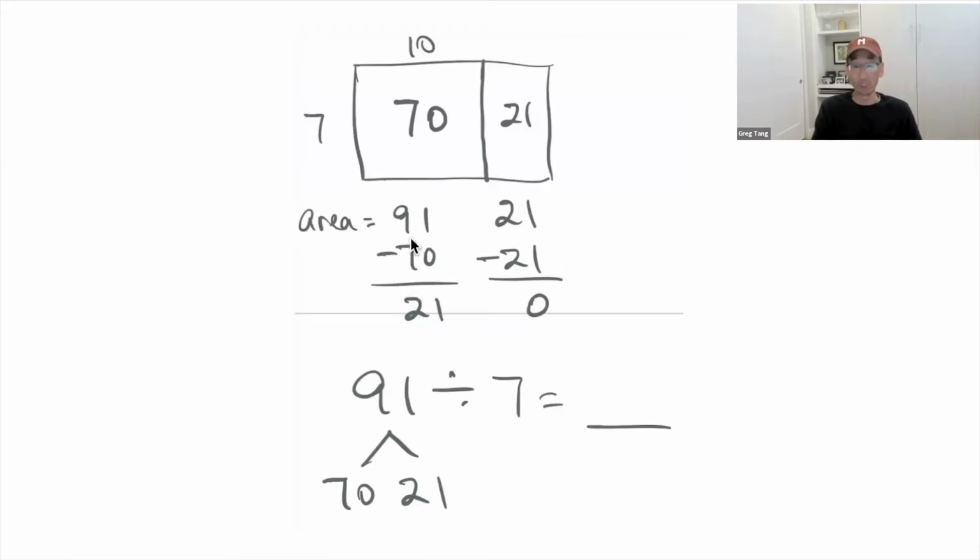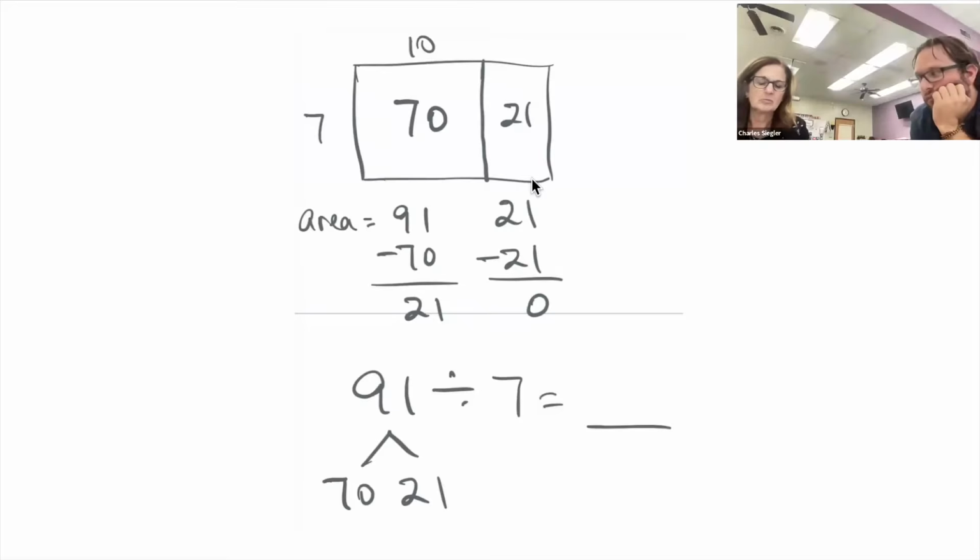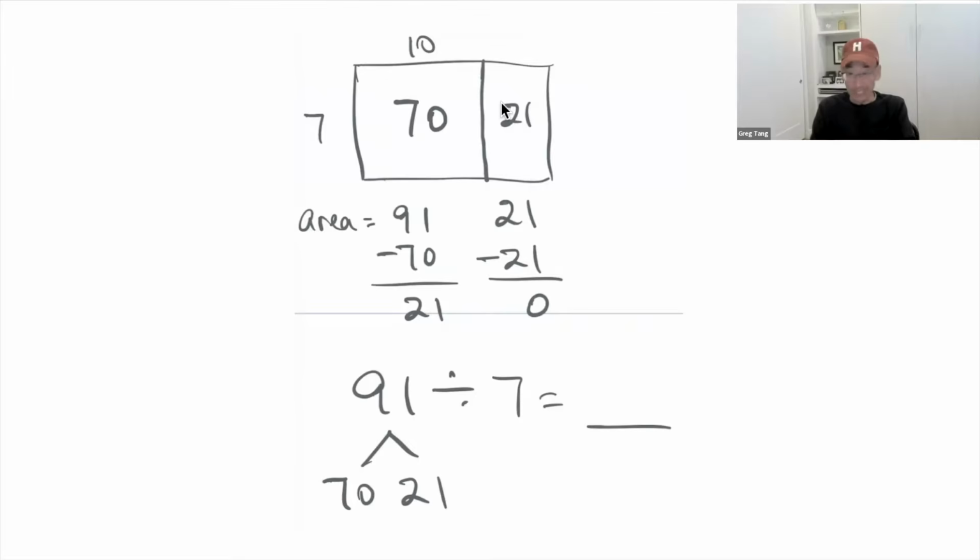Which is easier to draw, the area model or the number bond? This is just like a shortcut way of drawing what we already did. That's all we're doing. We need kids to see you're not thinking differently. You are writing differently. You're changing the notation from an area model to a number bond.